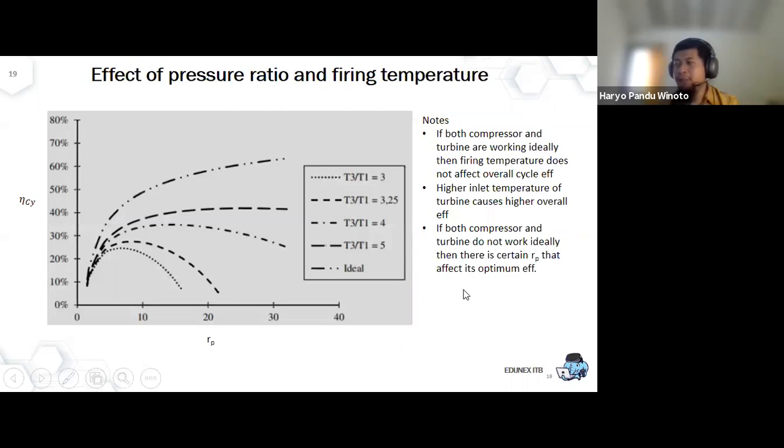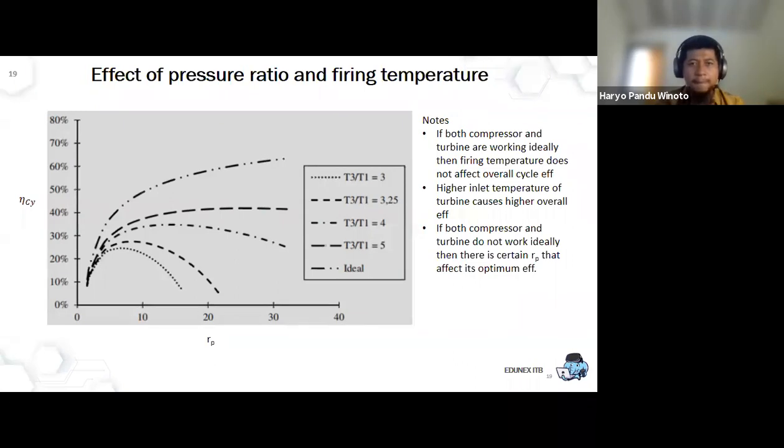Now I'm going to talk about the effect of pressure ratio and firing temperature. When we have an ideal cycle, what does ideal cycle mean? Both compression and expansion work isentropically. There is no effect at all of the firing temperature and the pressure ratio.